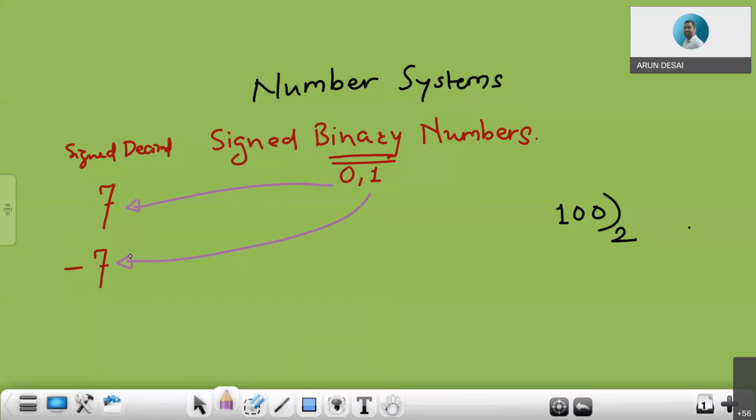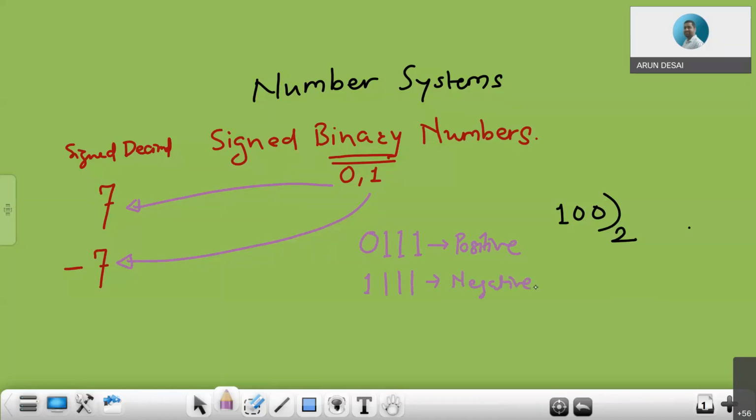So how is it represented? If suppose the number 7 is there, 111 could be the binary number. If 0 is attached in front of that, that means this number is positive.